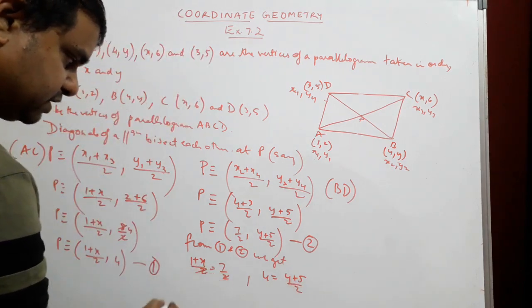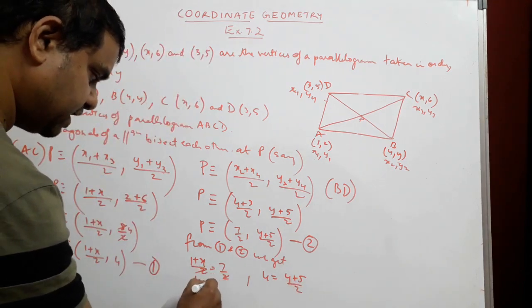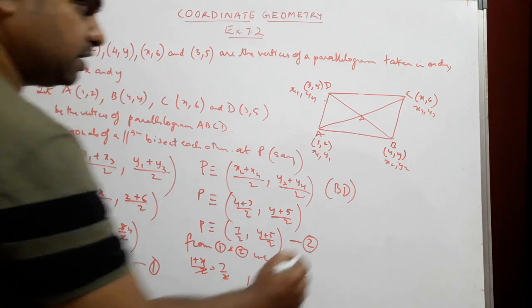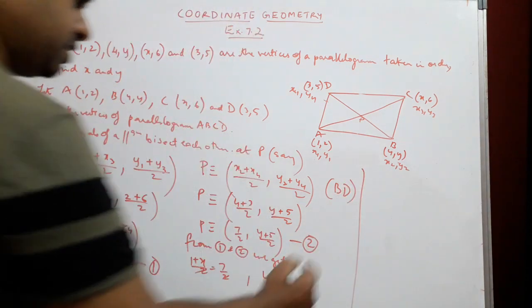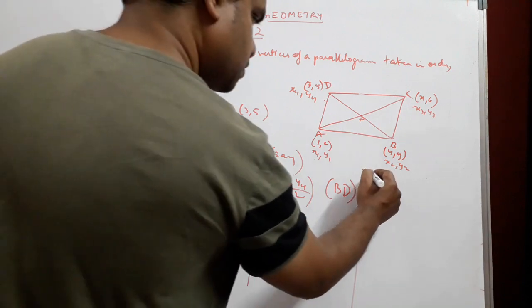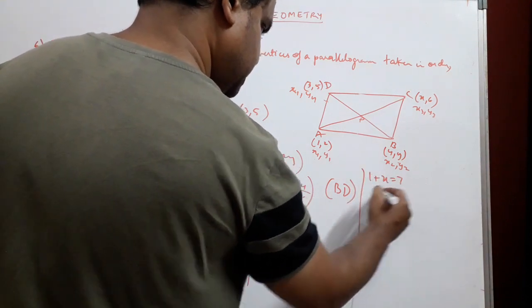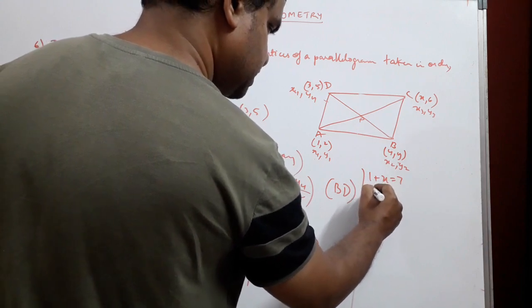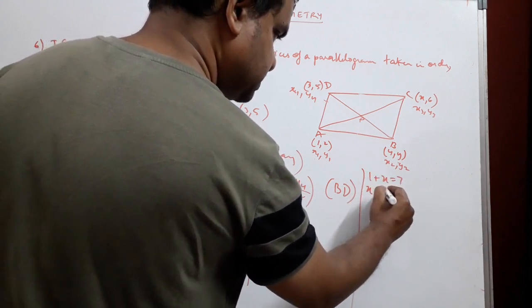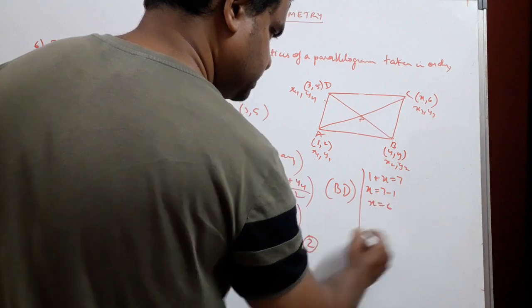This 2 will cancel and we'll get 1 plus x equal to 7. If I take 1 on the other side, it will be 7 minus 1, x equal to 6.